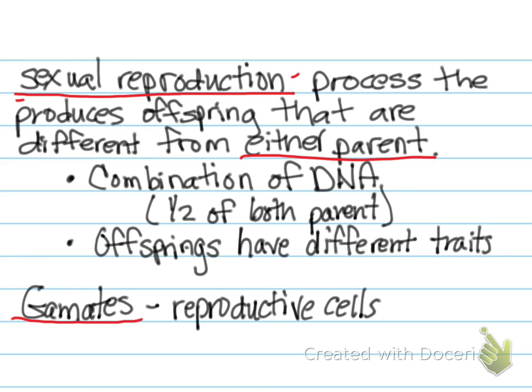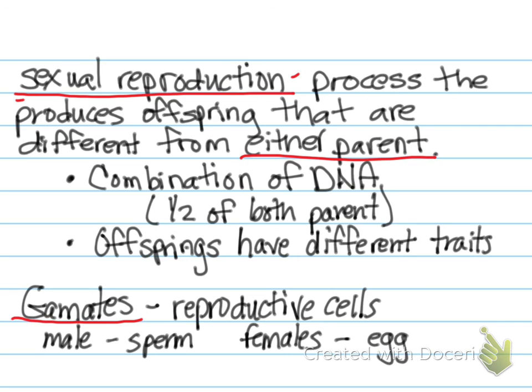We've talked about this before. In human males, or in animals that are males, that is the sperm cell. And in females, that is the egg cell. Scientifically, 8th graders, the sperm and the egg, since they are reproductive cells, are called gametes. Okay? So there's a new vocabulary word for you.